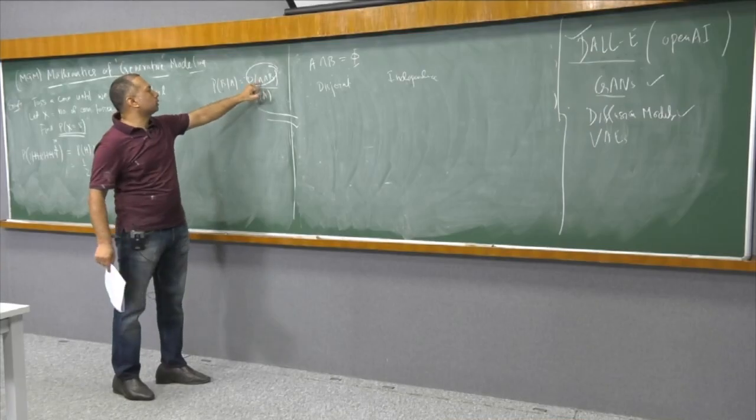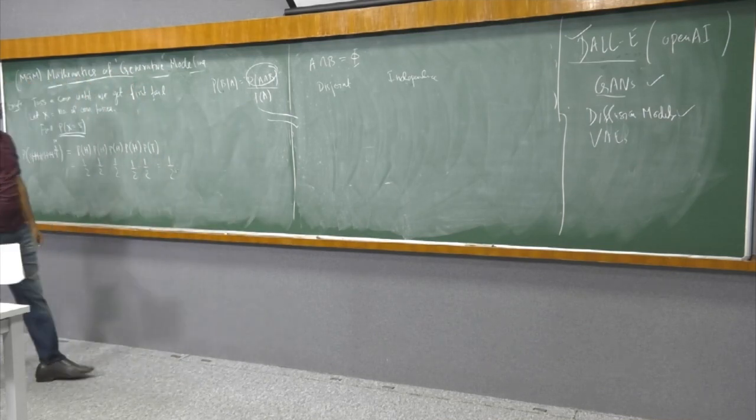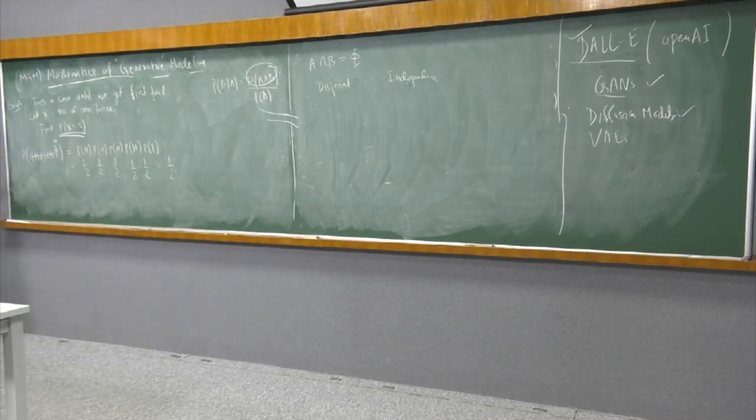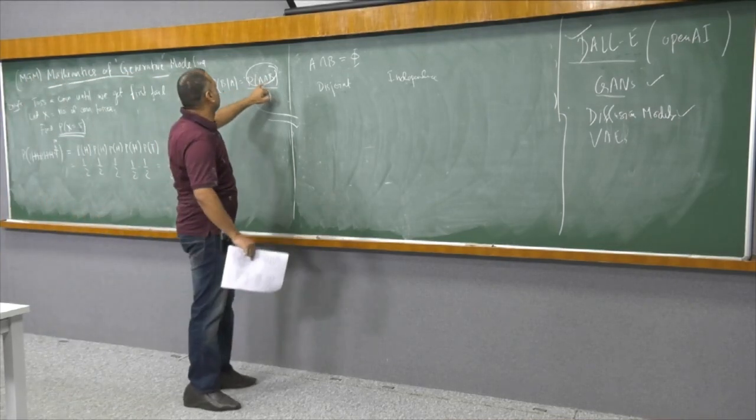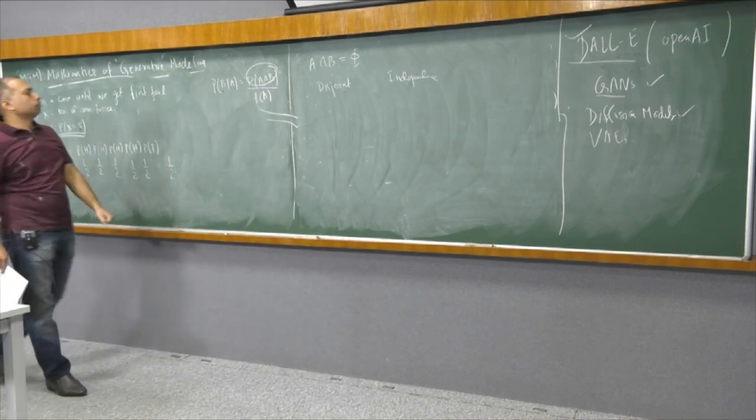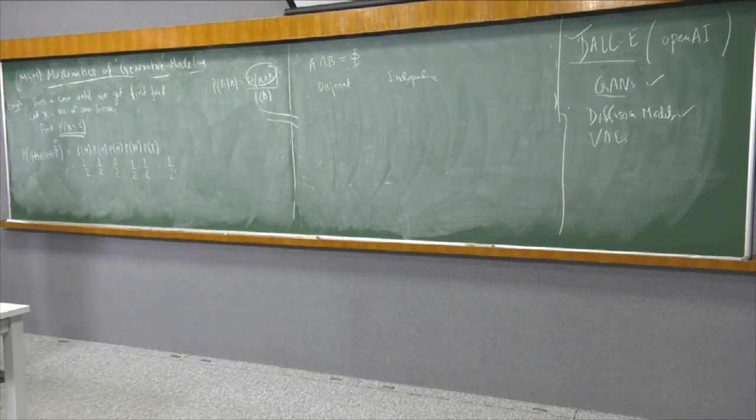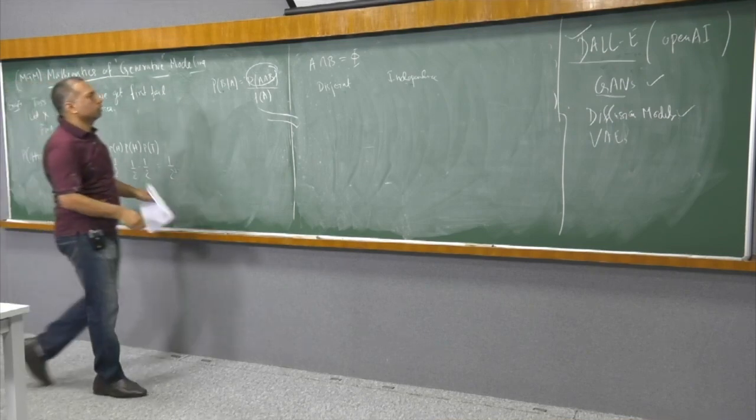Disjoint means A intersection B is empty, and the probability of an empty set is 0. In the independence case, the probability of A intersection B is the product of the probability of A times the probability of B. So disjoint does not necessarily imply independence.